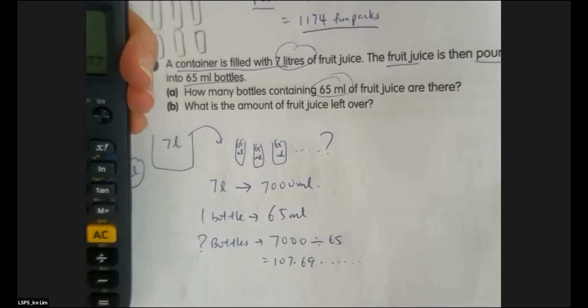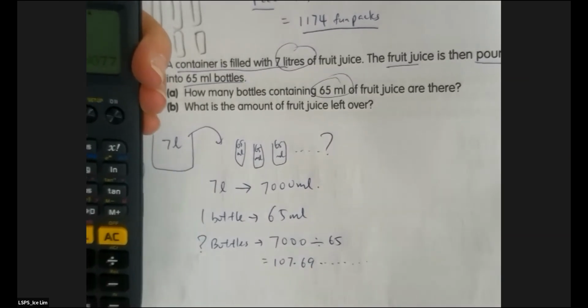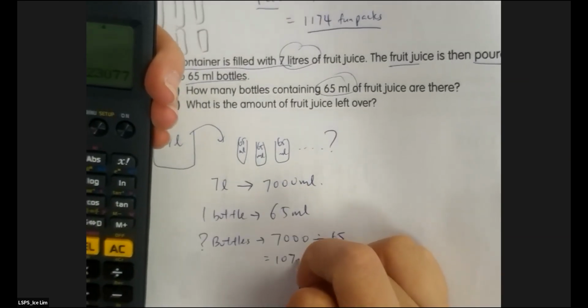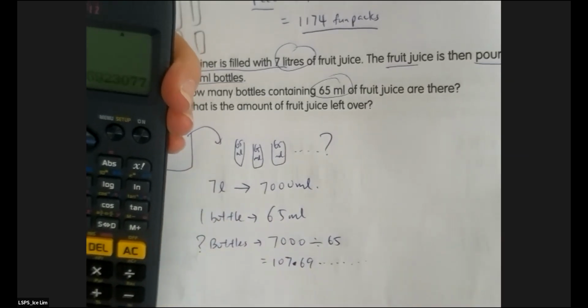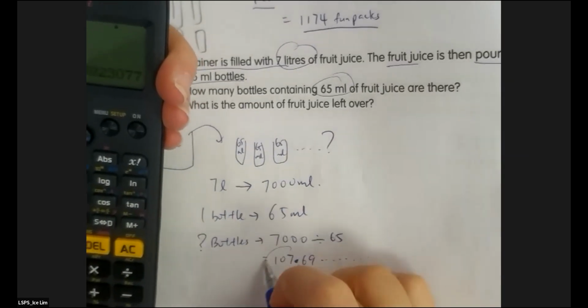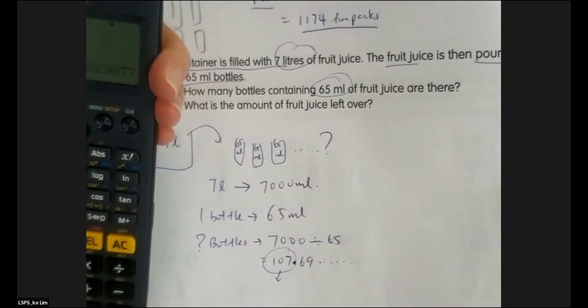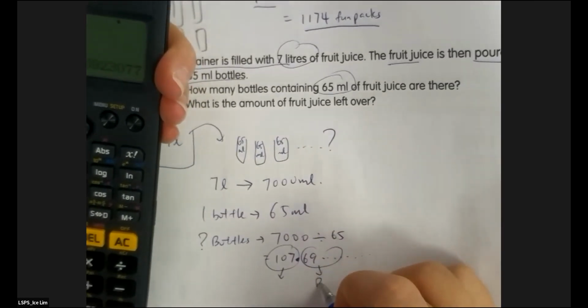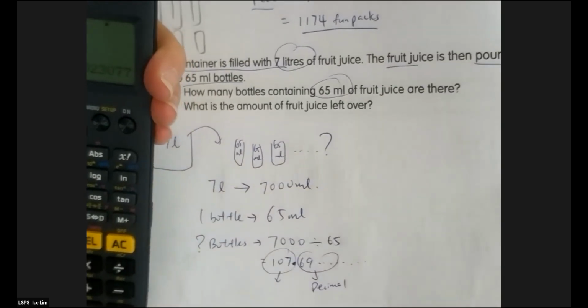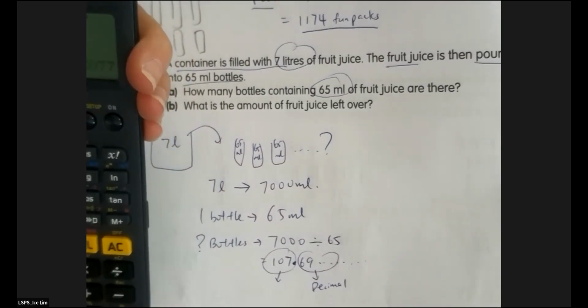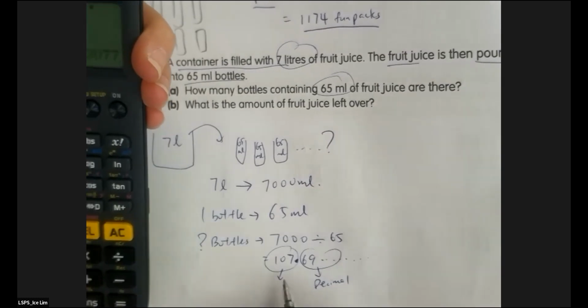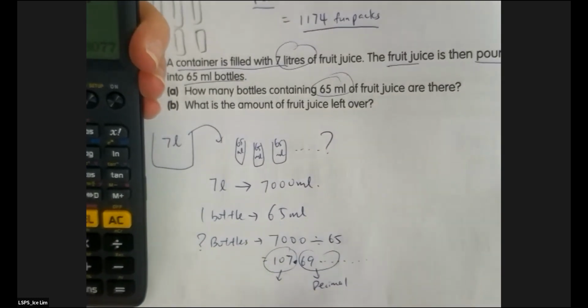Okay, not very meaningful. What does it mean? Can anyone tell me what the decimal place here means? When I have a fraction, what is 107? This is the whole number part, this is the decimal part. What is this part? It stands for the bottle, right?